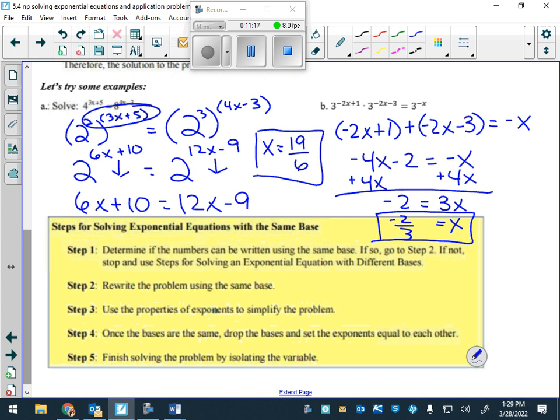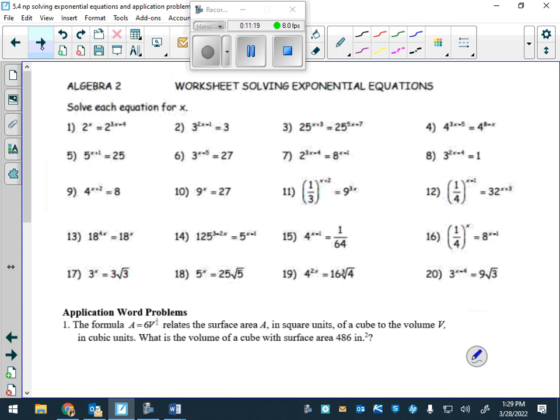Okay. So if you turn the page, whole different practice we have here. If you look at number 2, we have 3 to the 2x minus 1 equals 3. Well, what does that have an exponent of? Yeah, 1.